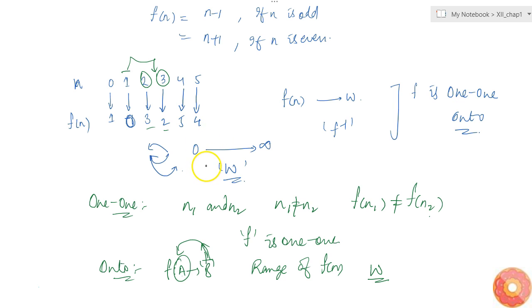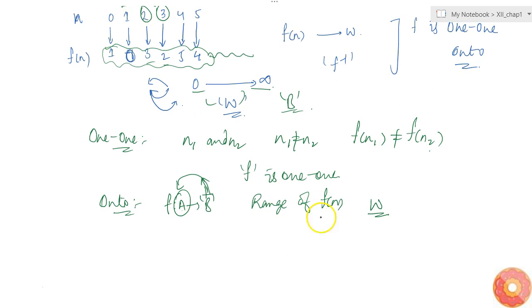Here I showed that the image set is spanning all numbers from 0 to infinity. Thus B is totally exhausted by the range set. That means the given function f is onto in nature, and it's both one-one and onto, which simply implies f is invertible.